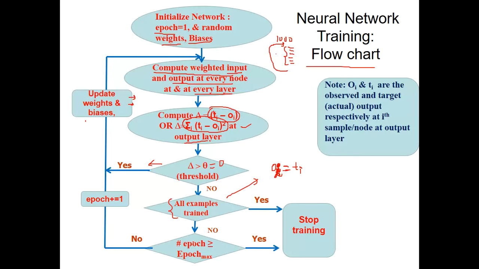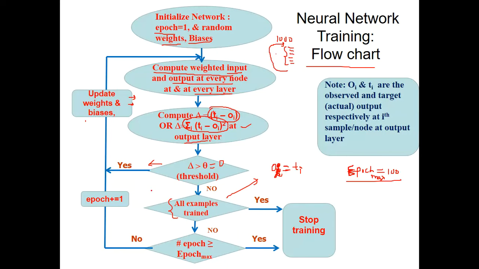Another case, if initially you have decided that the total number of epochs we shall consider 100, so once the number of epochs reaches the epoch max that you have fixed at the beginning of the program, we can stop. Otherwise, again you go back, update the weights and repeat this process.